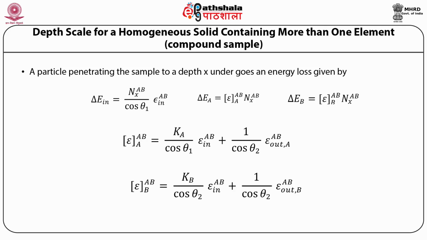Second, when the probing particles with energy E are scattered at a specific depth within the sample, the value of the kinematic factor K and the scattering cross-section sigma will depend on the particular mass, or atomic number, of the atom they strike.